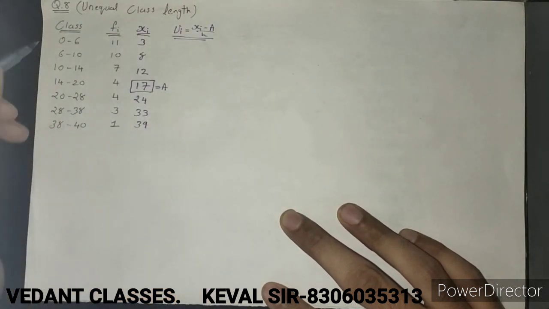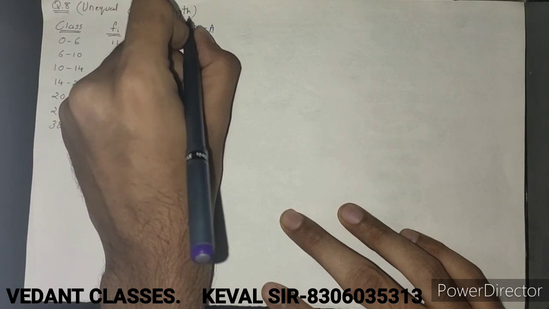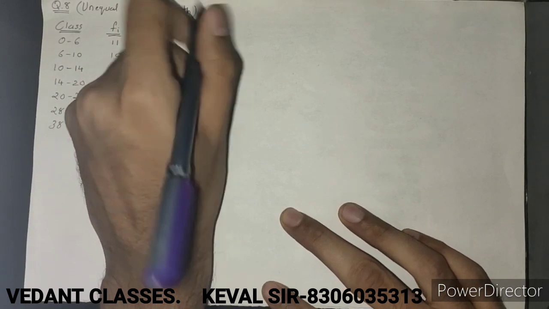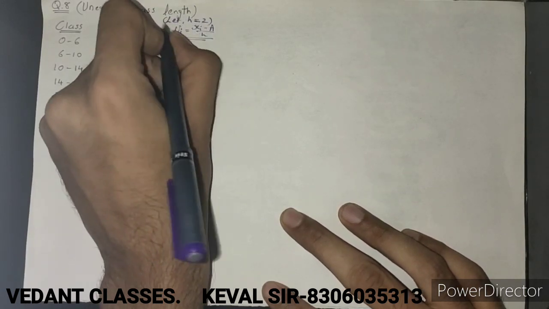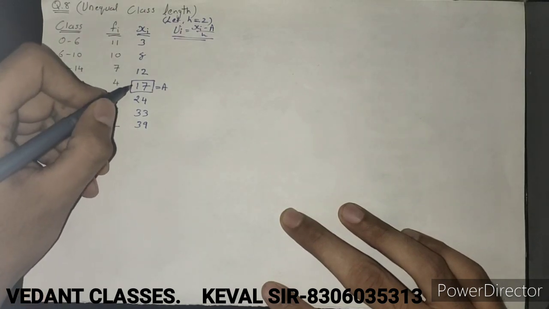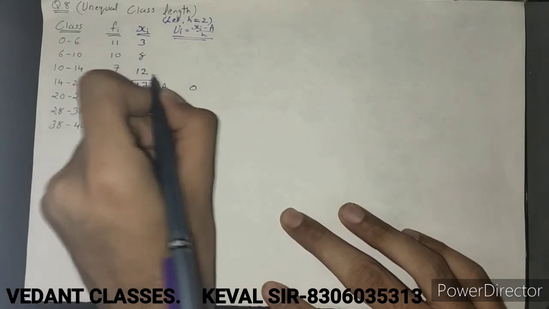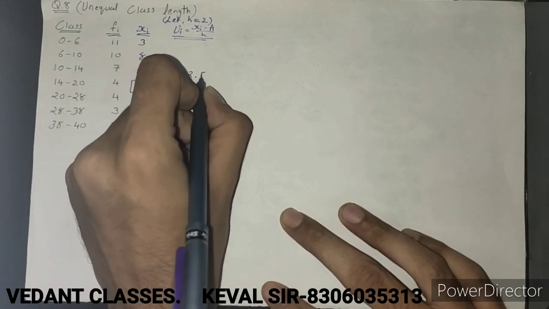Now you can see your class lengths are unequal. Okay, so we need to assume the value of h. Let's consider the value of h is equal to 2 in this case. So it's 3 minus 17, that's minus 14 divided by 2, so it will be minus 7. Then 8 minus 17 by 2, so this will be minus 9 by 2, that's minus 4.5. Then 12 minus 17, so that's minus 5 divided by 2, so it will be minus 2.5.